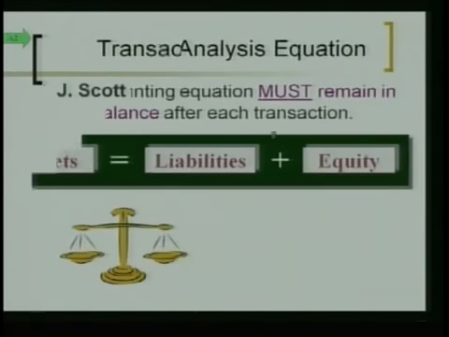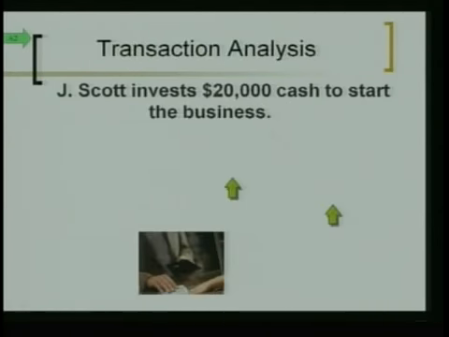Where does this start? Okay, starts right here. Let's say that Jay Scott invests $20,000 cash to start the business. Maybe it was an inheritance from his grandpa or something. But he has $20,000 and he is going to start a business. Well, from your quiz, you know that this is one of those things that increases owner's equity, right? And owner's equity and capital, we kind of use those interchangeably at this point.